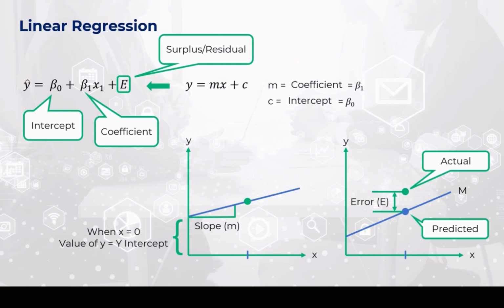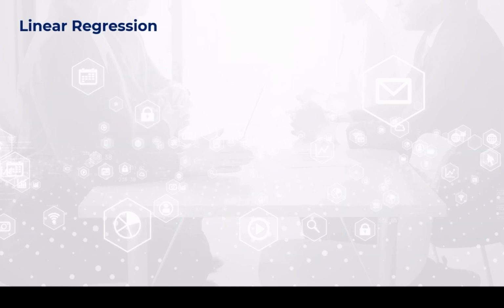So if it is a 90% accurate model, the remaining 10% is your surplus or error. Now we'll see the next part of it.